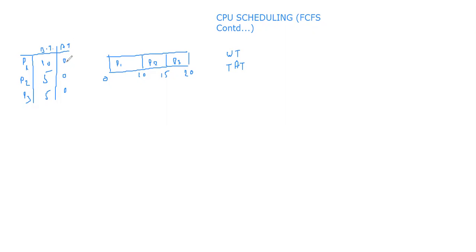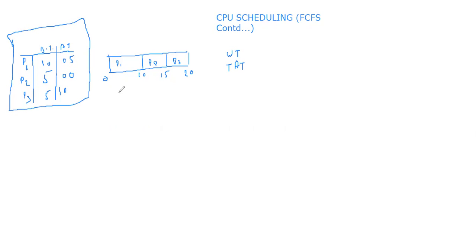The example is: what happens if the arrival time is different? Suppose the arrival times are 5 for P1, 0 for P2, and 10 for P3. Now how will the processes get executed if this table is given to me?